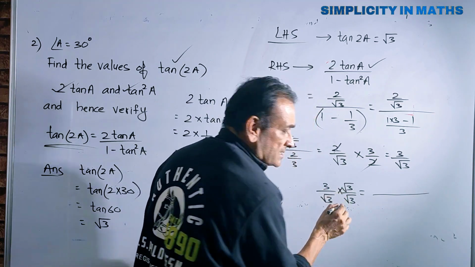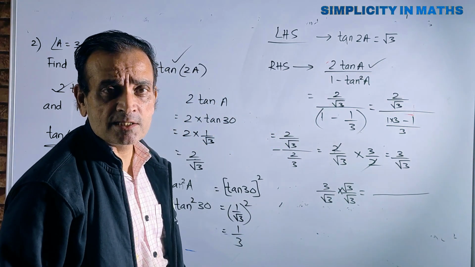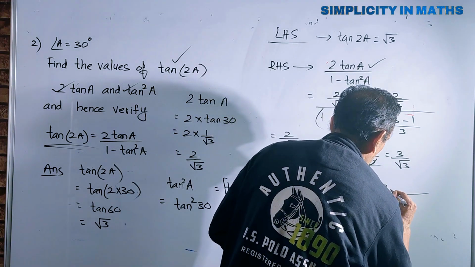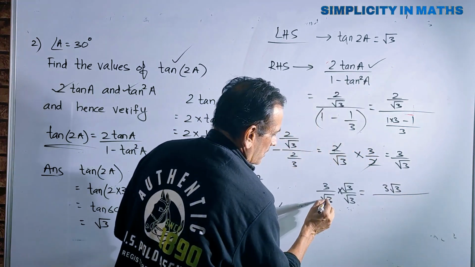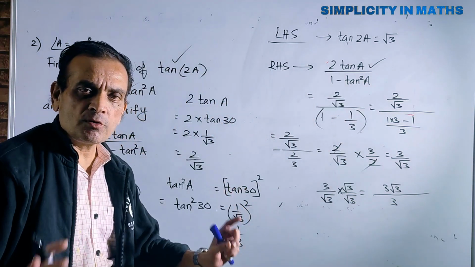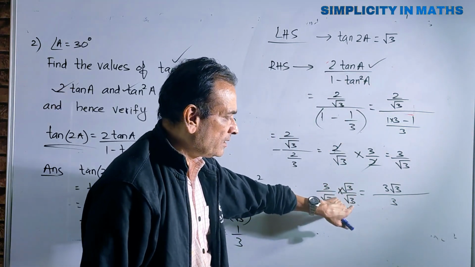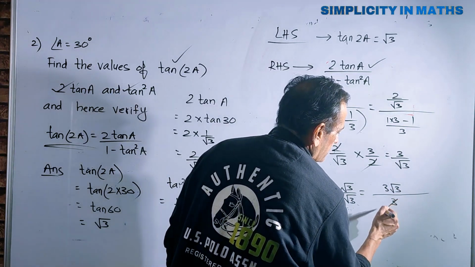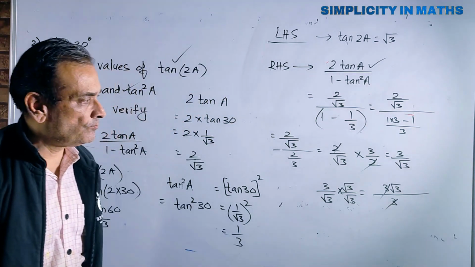Now you have a multiplication sign. Don't confuse with LCM. Directly multiply. 3 into root 3 is 3 root 3. Root 3 into root 3 is 3. Just the usual way of rationalizing. Multiply and divide by root 3. Since you have a multiplication sign here, 3 gets cancelled.